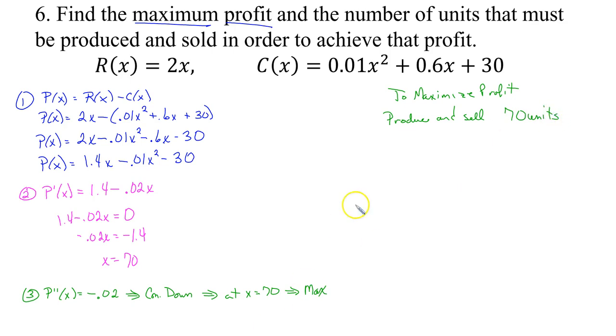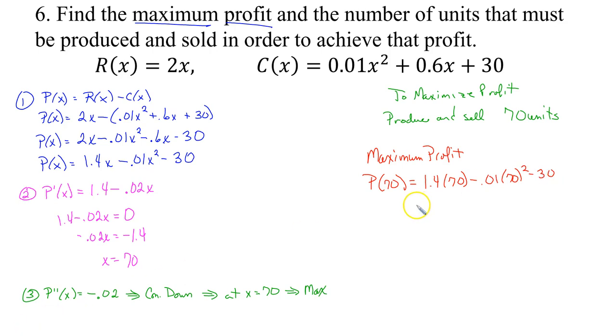Okay, and then the maximum profit is going to be what we get when we find P of 70. So plugging it into your calculator, this is when I wish I could say, okay, somebody help me out here and plug this into the calculator, but we will do that.